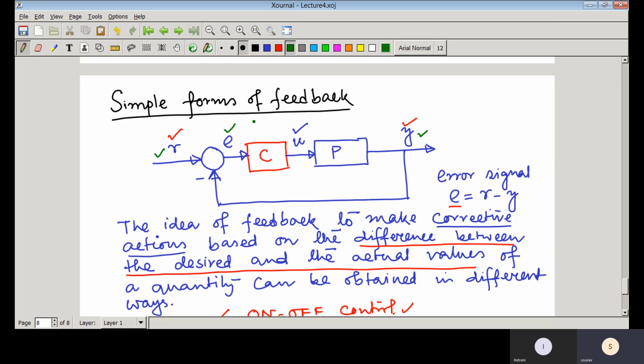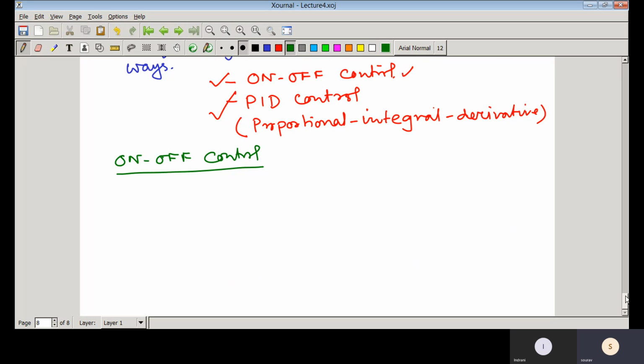Then an error signal is generated, which is the difference between R and Y. Let us first draw just the comparator part.